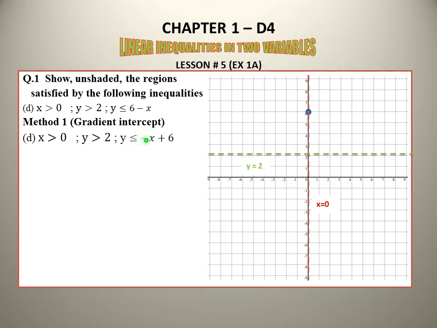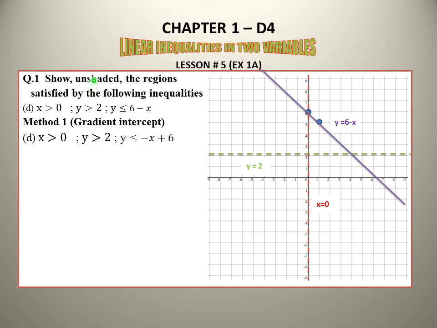Its rise is minus 1 and its run is 1. So from this point we will move 1 unit downward and 1 unit to the right. Place a dot there. Joining these 2 points, we will get a straight line. Label this line. Now we are able to draw the graph of all the 3 inequalities.